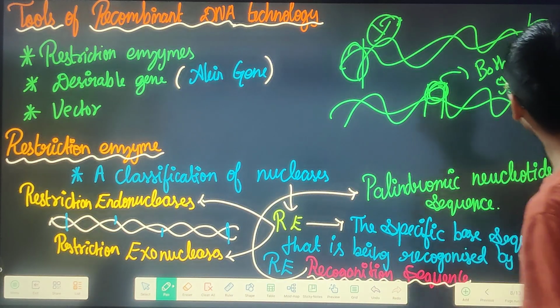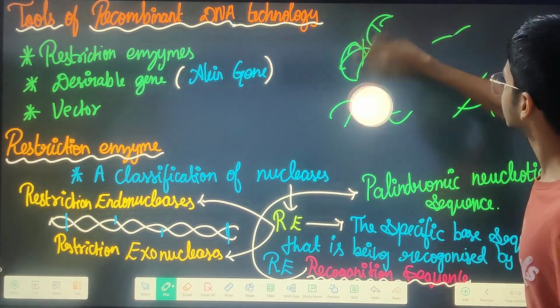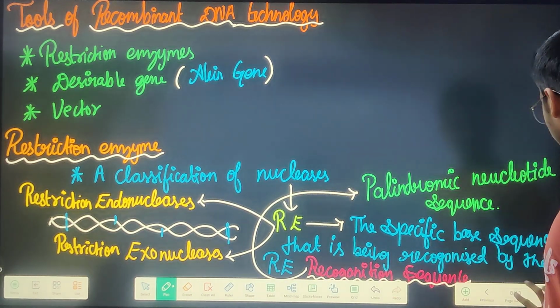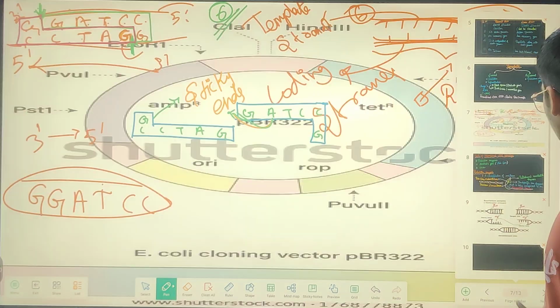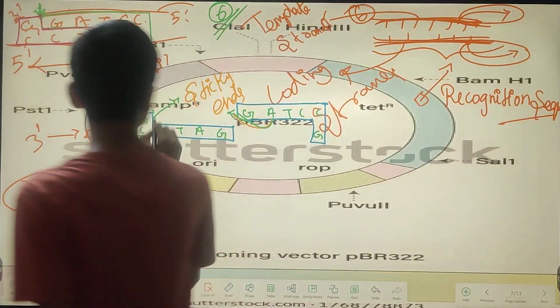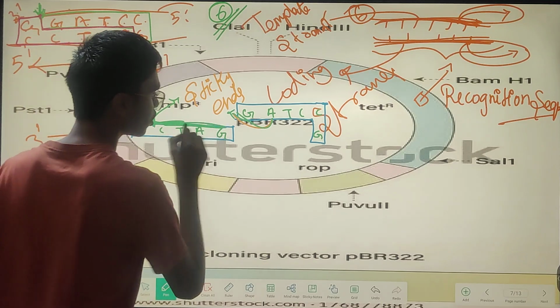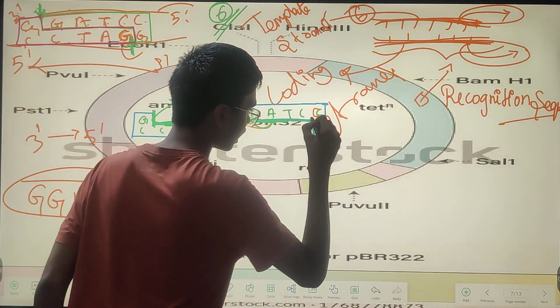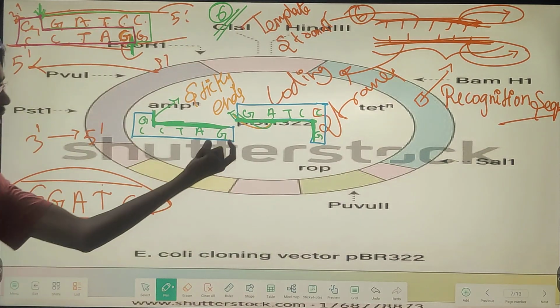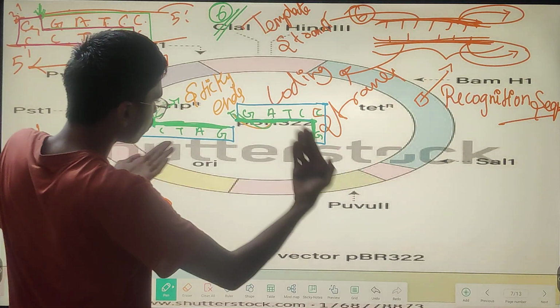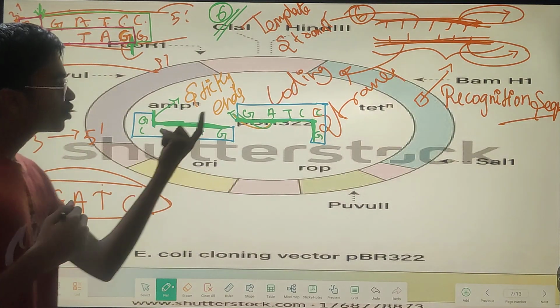Okay, so now I have told you what a sticky end is. This area is what we call a sticky end. When you are overlapping, they have to be added again.